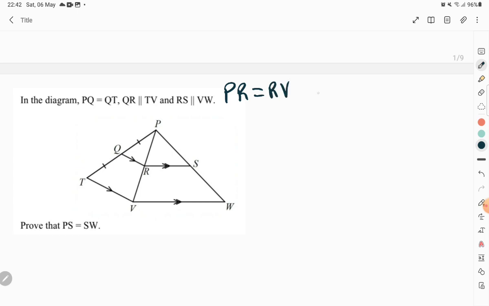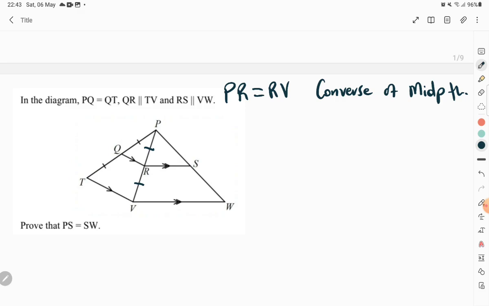Then the reason is the converse of midpoint theorem. So we figured out that this line is equal to this line. But this pattern can continue because we also have QR equal to VR, and you can see that RS is actually parallel to VW.